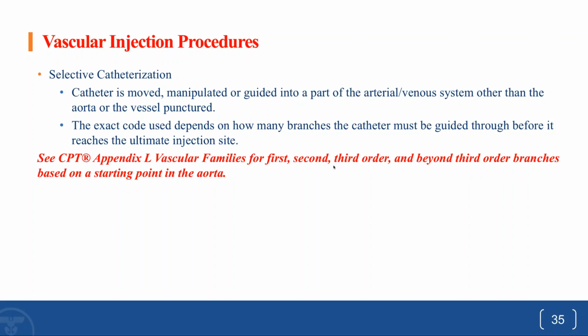Turn to page 758. Page 758, at the top where it says first order, you're going to have 36215. Now these are above the diaphragm. Above the diaphragm.